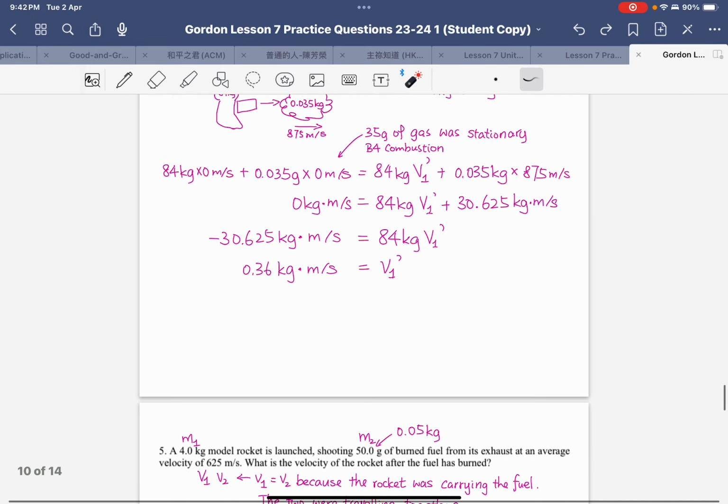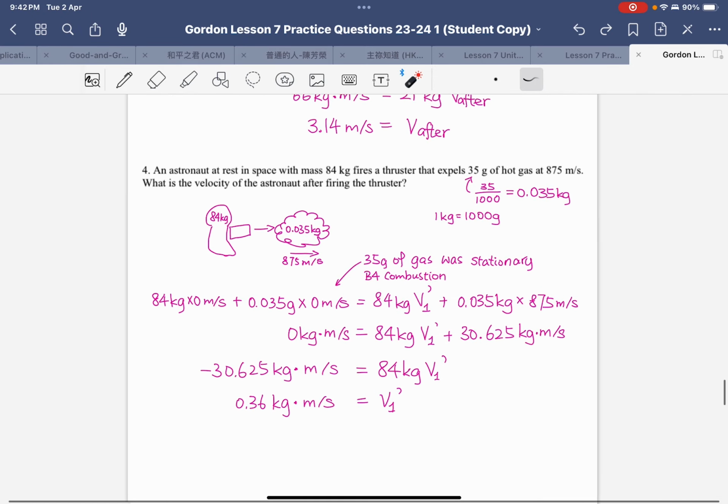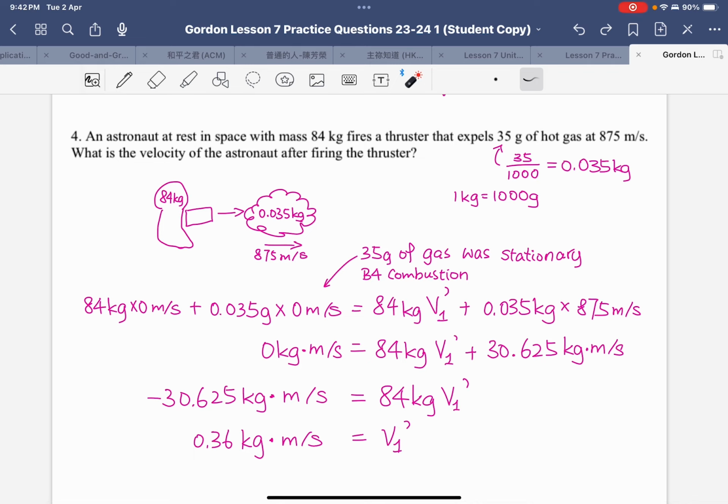I do want to address this question. An astronaut is at rest and he's this heavy. He fires a thruster that expels 35 grams of gas at this certain speed. And so this question is an interesting one. The gas is going this way, and the astronaut, I think he's going to go that way because of action-reaction.